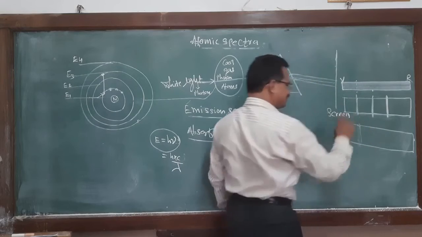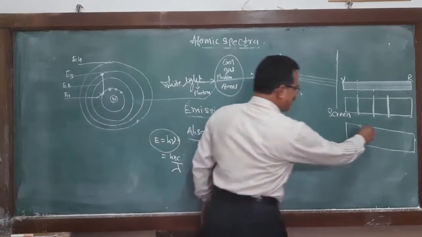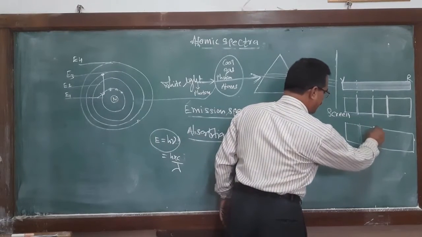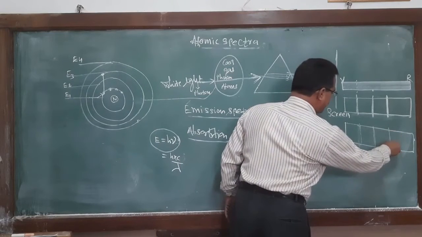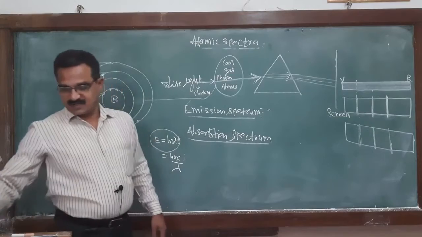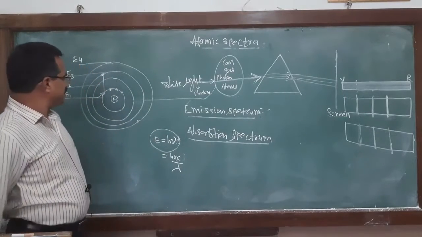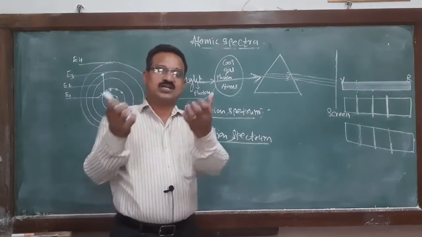Here is a dark line. If another photon is absorbed, again we get a dark line here, and again for another photon. It means that when light is incident, some photons are absorbed.